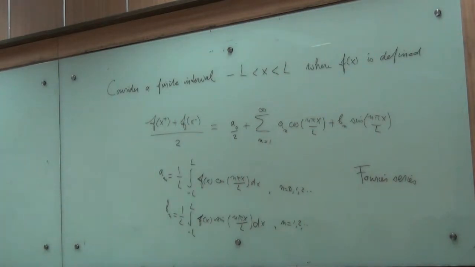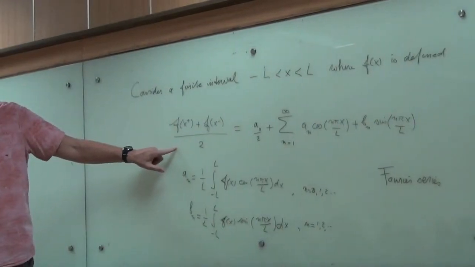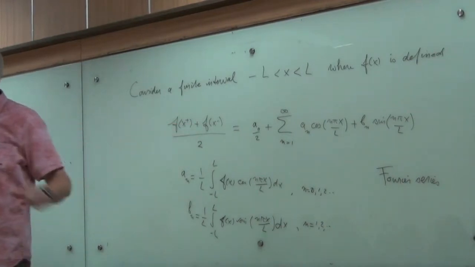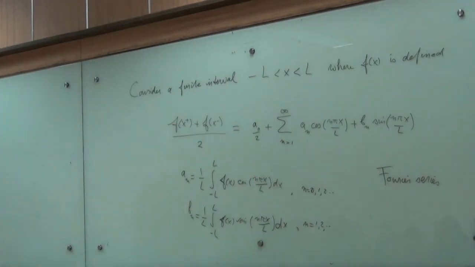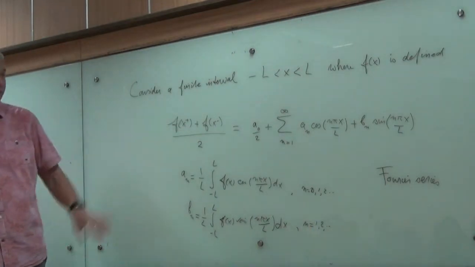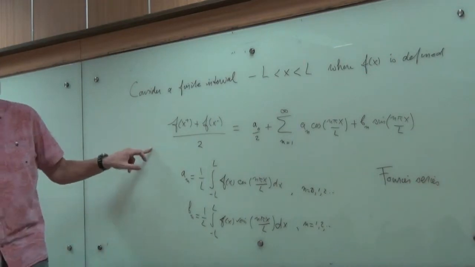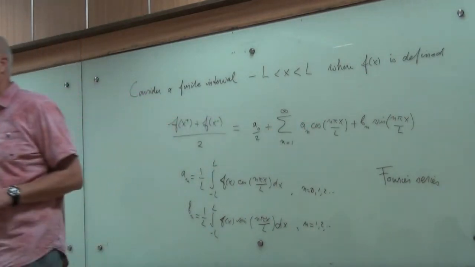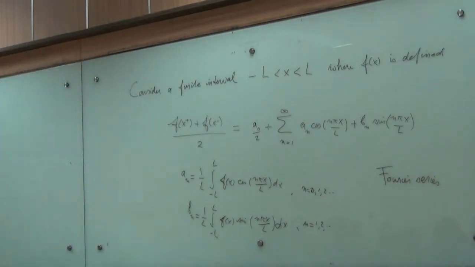Yeah, so if you did elementary methods for PDEs, separation of variables, you do this. And this is actually the convergence theorem of what we have for Fourier series. And f(x+) and f(x-) means the left and the right limit to the point x. Yeah? And if f is a continuous function on the interval, then we just have here f(x) is equal to this sum. Yeah? Okay, this is what you know.